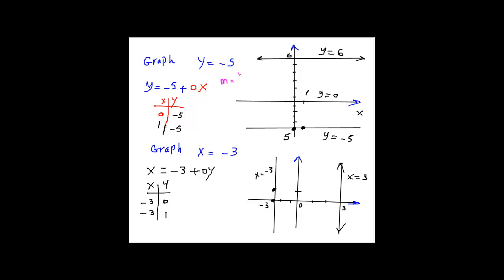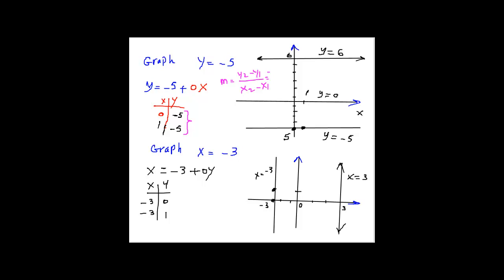m is equal to y2 minus y1 over x2 minus x1. So if I pick these points here, you notice that the values for y are the same. So it means the numbers at the top of the fraction are the same.